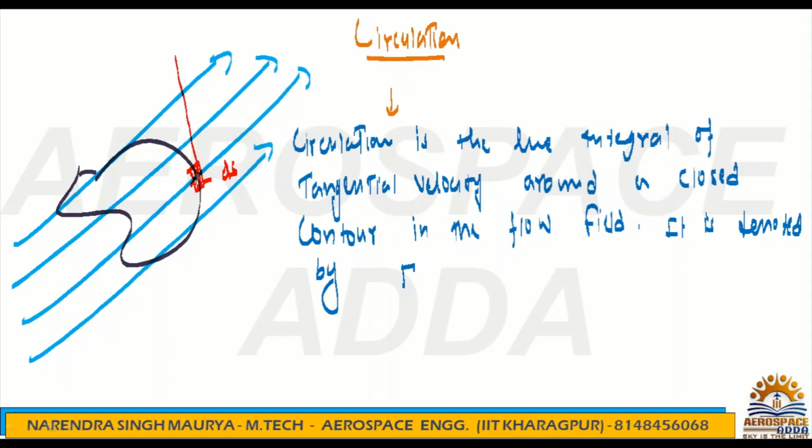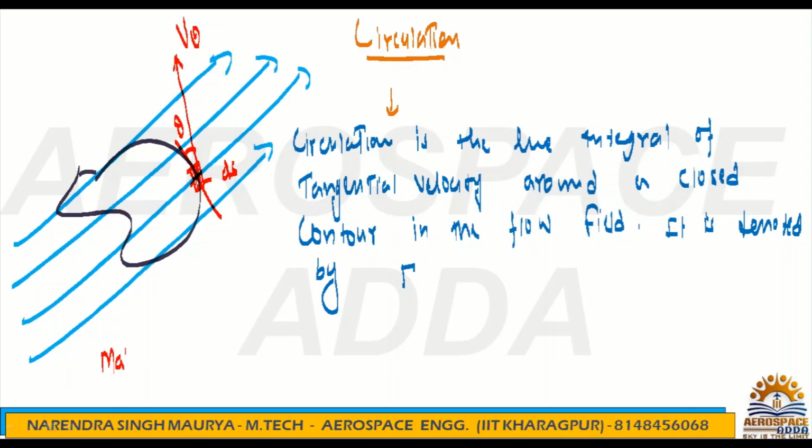Tangent to the closed contour will give you the tangential velocity, because the fluid is flowing. You can assume the angle from this surface to this tangential velocity is theta.